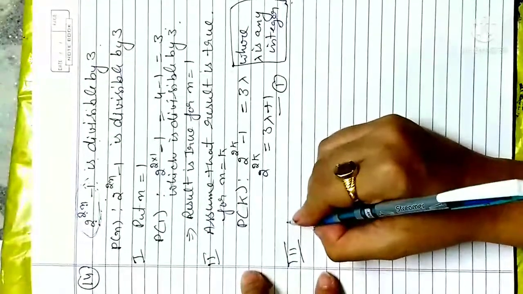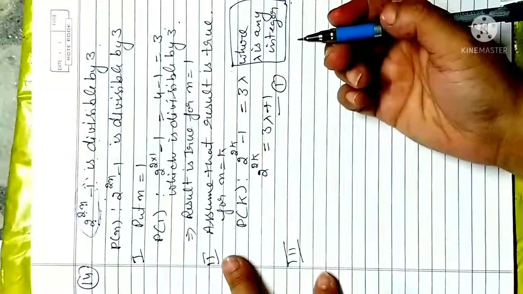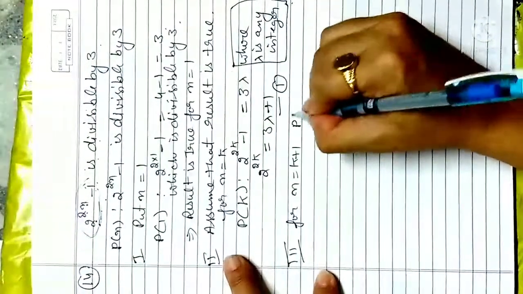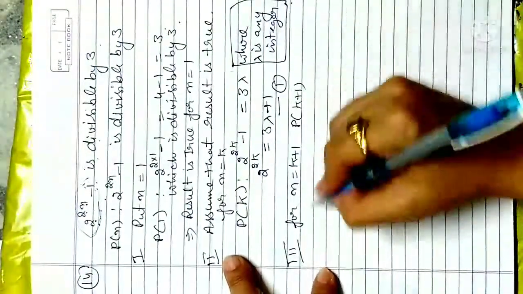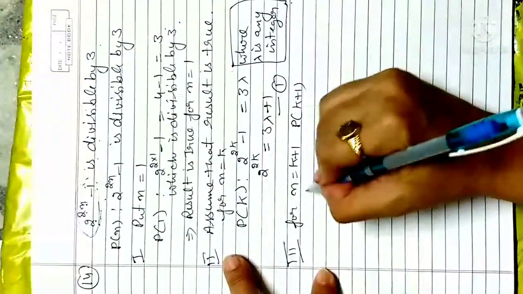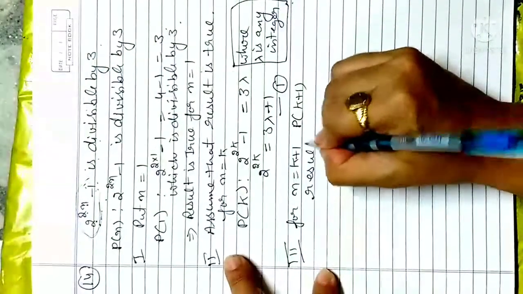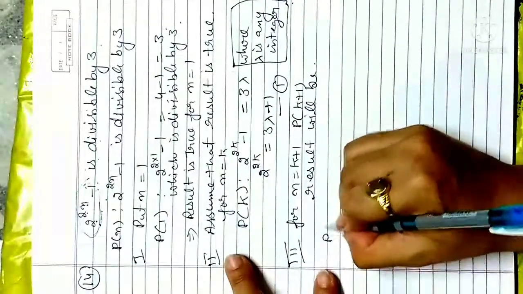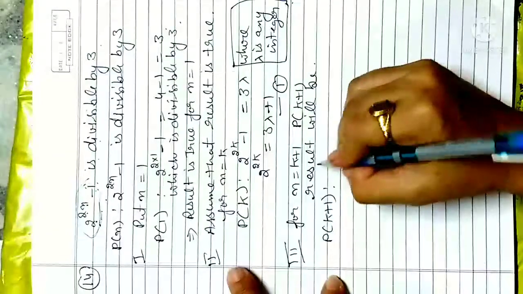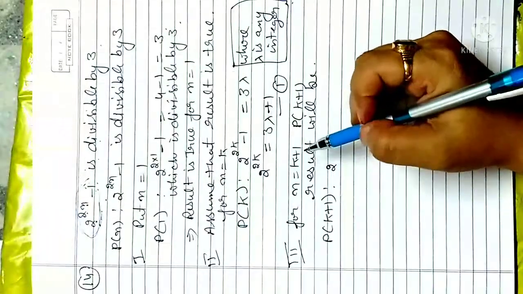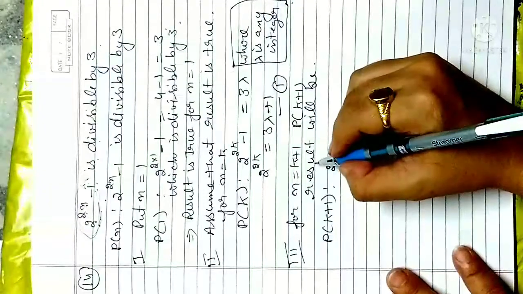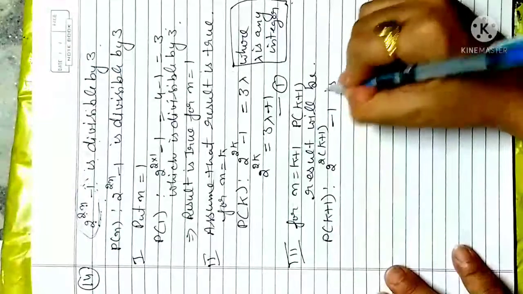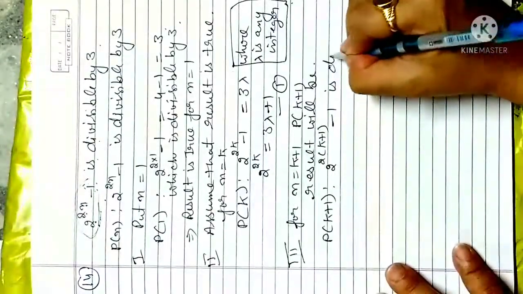Now the third step. Now we have to prove this result for propositional statement k plus 1. For n is equal to k plus 1, will the result be true or not? If we want to make it true, we go with propositional statement k plus 1. So now you replace n with k plus 1. So that is 2 raised to power 2 into (k plus 1) minus 1 is divisible by 3.